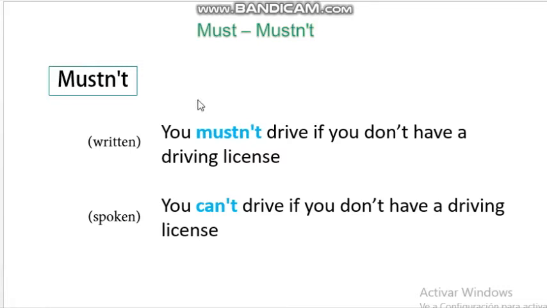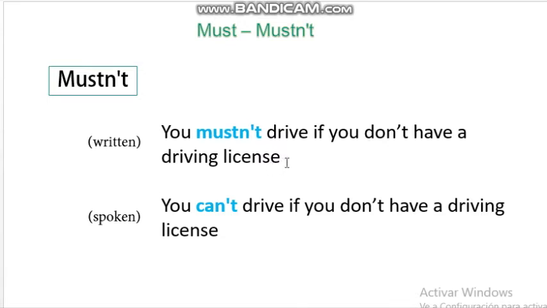You use mustn't in writing or in formal situations, while we use can't in spoken English. In written form: "You mustn't drive if you don't have a driving license."